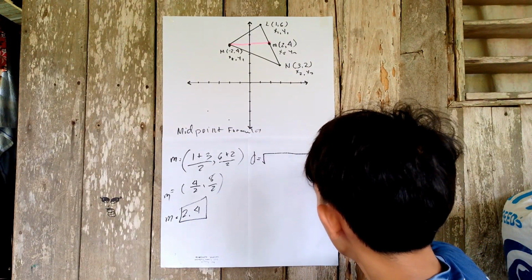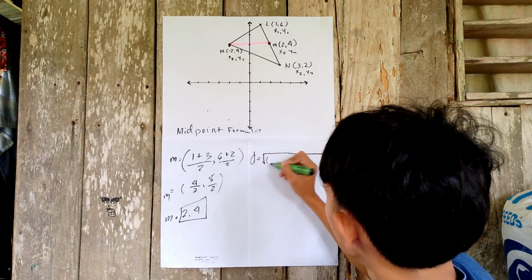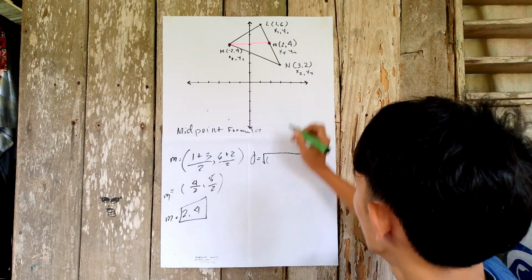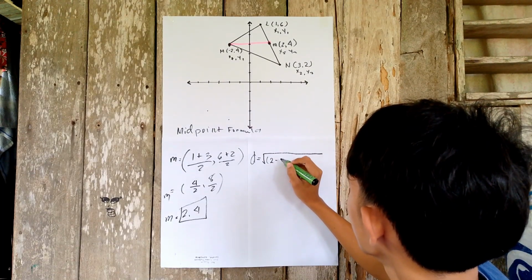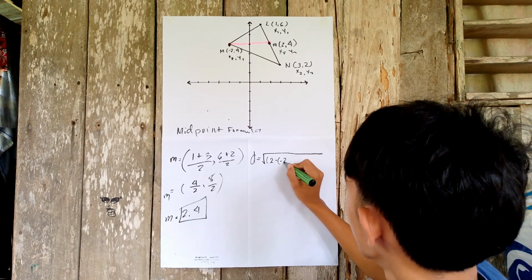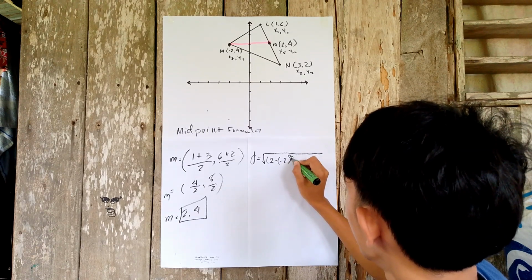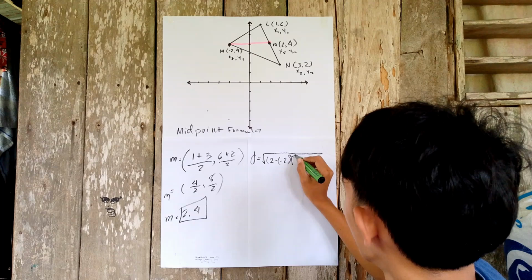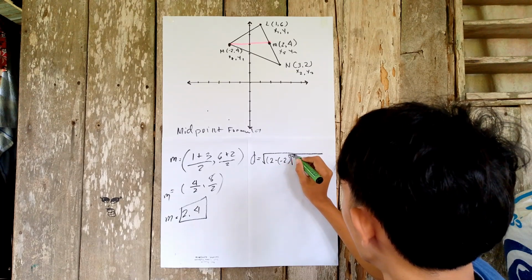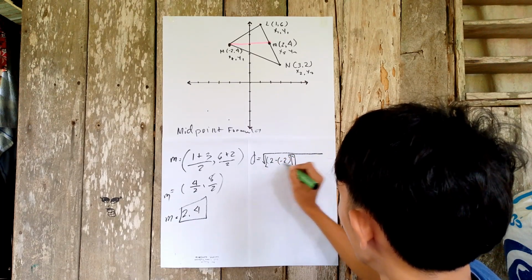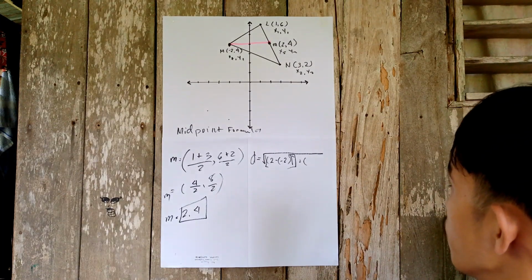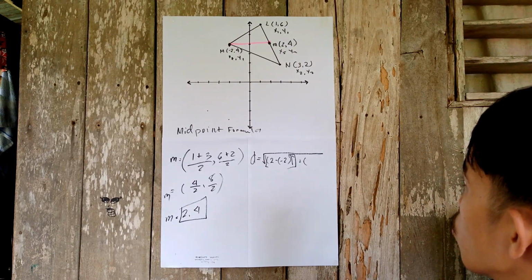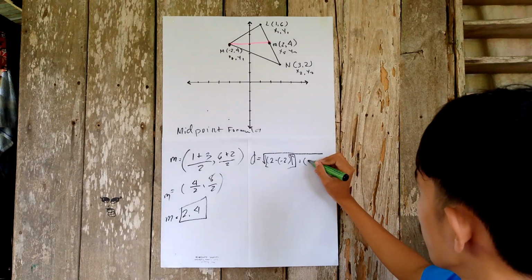Square root of x2 minus x1 squared plus y2 minus 4 squared.